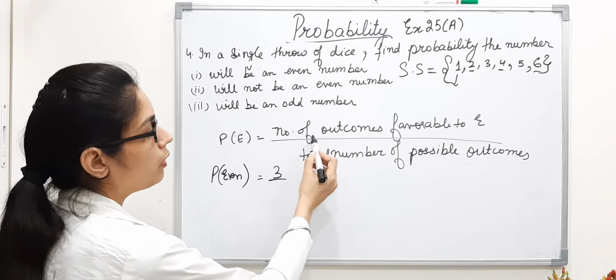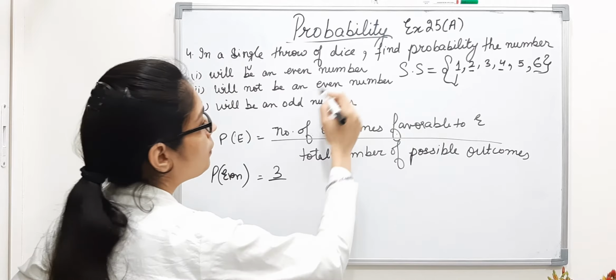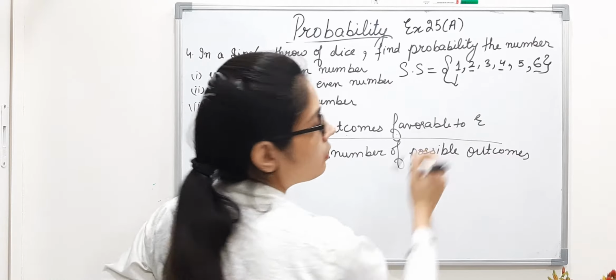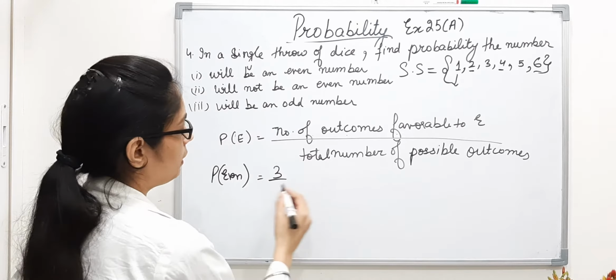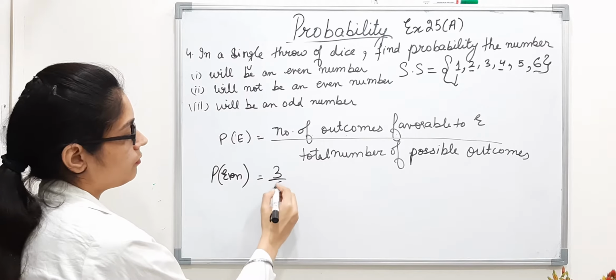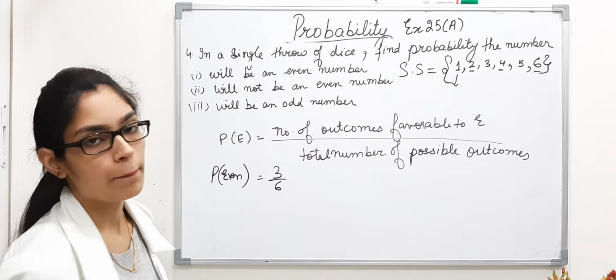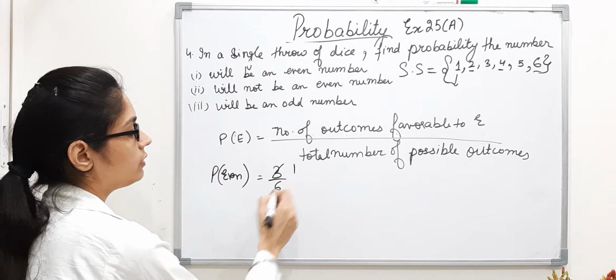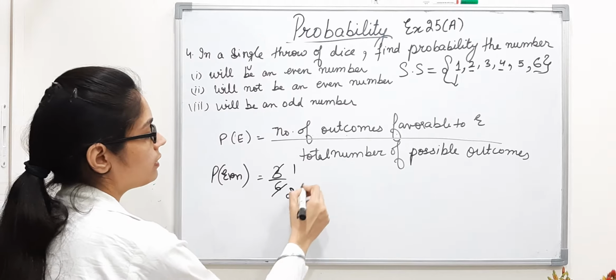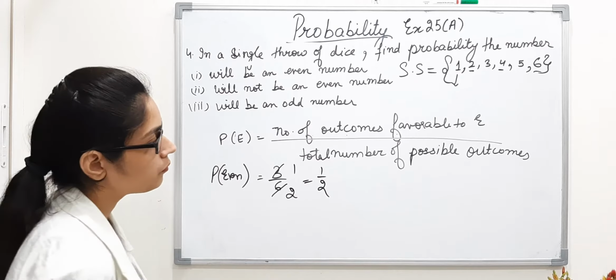So the number of outcomes favorable to E will be 3 because only 3 even numbers are there. Total number of possible outcomes, we have found in the sample space, is 6. So I'll do cancellation. 3 into 1 is 3, 3 into 2 is 6. So this is 1 by 2.